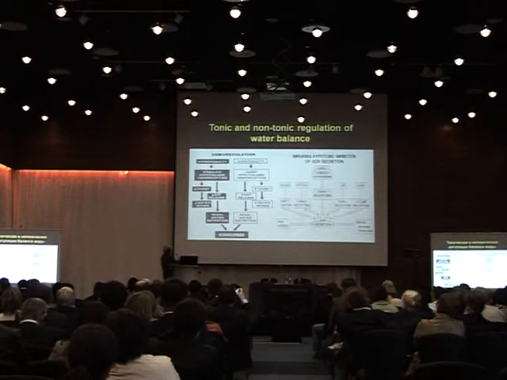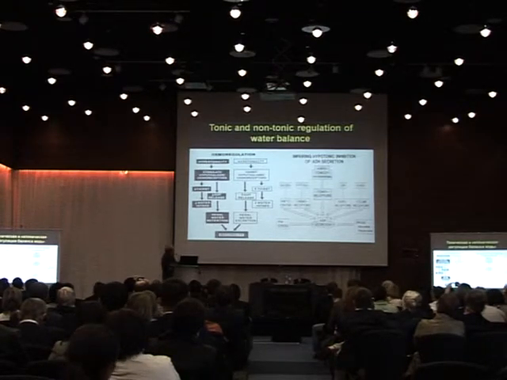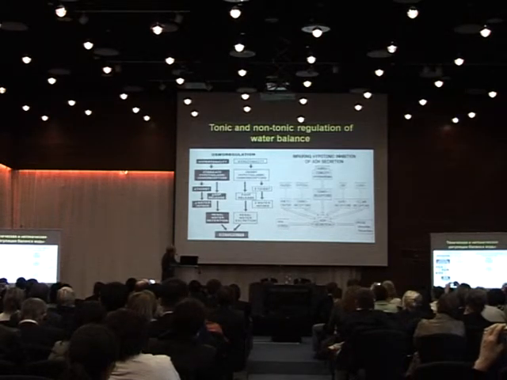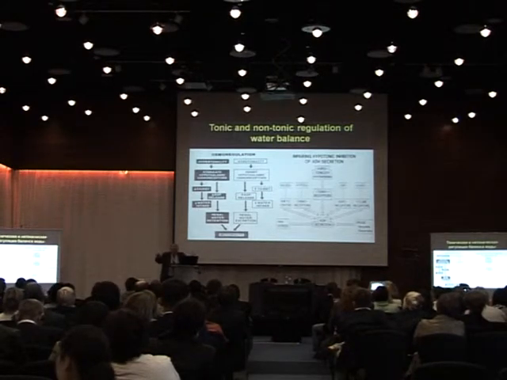Another important topic is the tonic regulation of water balance. And I told you, osmoregulation: when you become hypotonic, you inhibit your osmoreceptors in your hypothalamus, you suppress your antidiuretic hormone, you suppress your thirst, so you suppress your water intake. Because the antidiuretic hormone is suppressed, you can excrete water. Because that's what you want to do. You want to become isotonic again, because you have too much water.